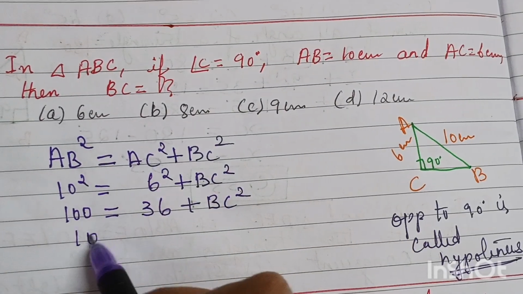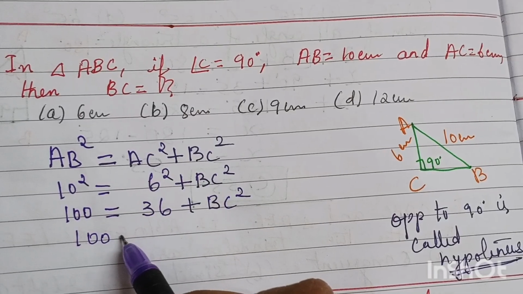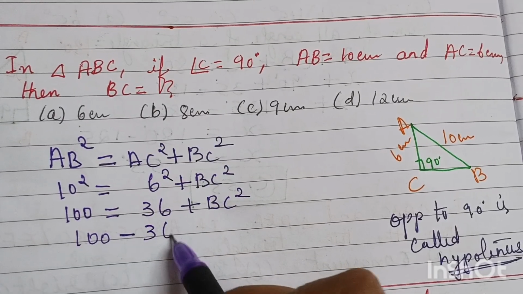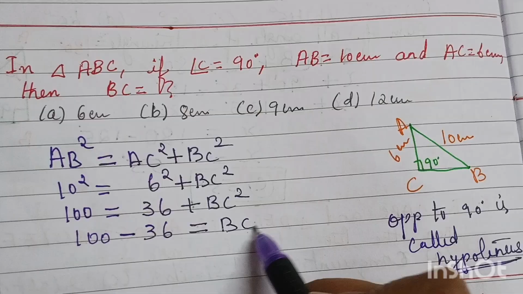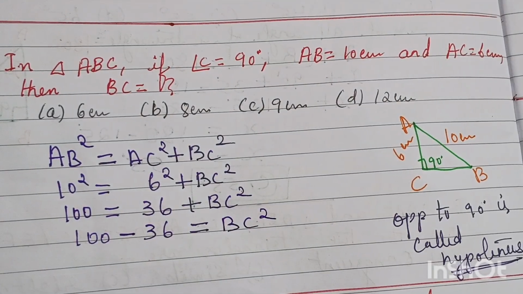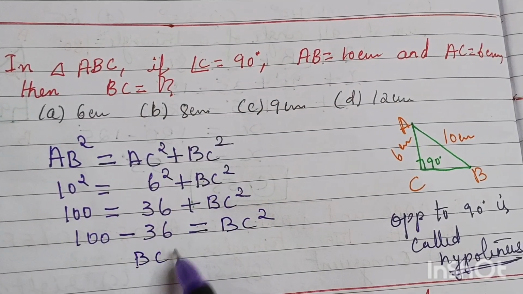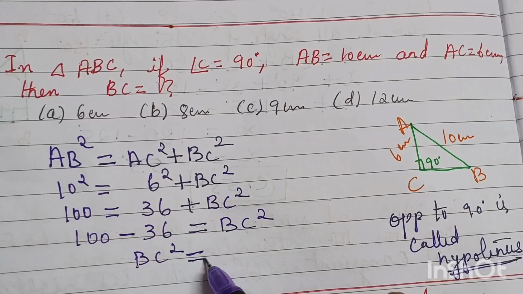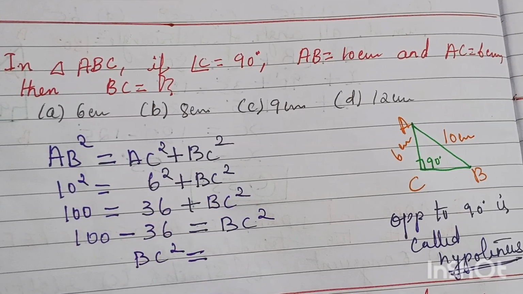Now 36 goes to this side and becomes minus 36. So BC square equals 100 minus 36.